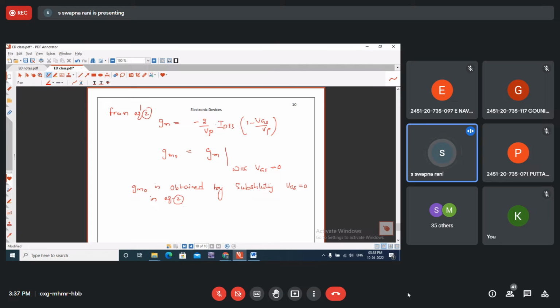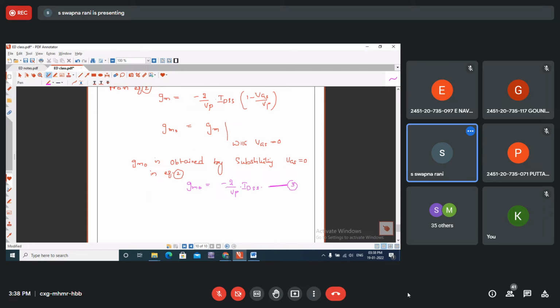Therefore, what we will get is GM naught equal to minus 2 by Vp into IDSS. So this is GM naught. So equation 2 can be written as GM equal to GM naught into 1 minus VGS by Vp, where I am replacing this entire minus 2 by Vp into IDSS with GM naught.